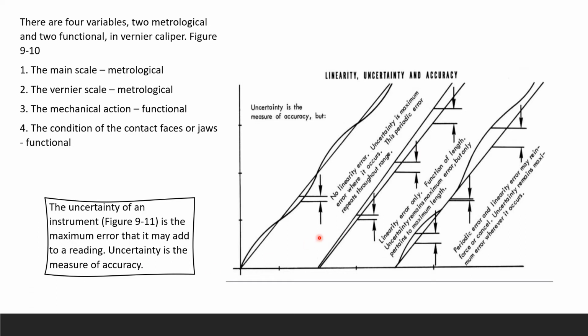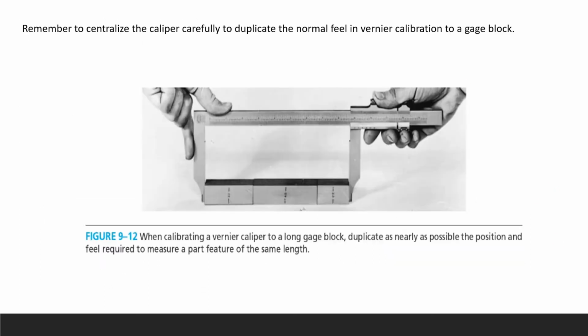It's always that because it is your measure of accuracy. As long as you're measuring, you've got uncertainty, even if you don't have linearity error, even if you have only linearity error, even if you have periodic and linearity error and they may cancel out, you still have uncertainty at maximum, okay. So if you know about that, it's all right.